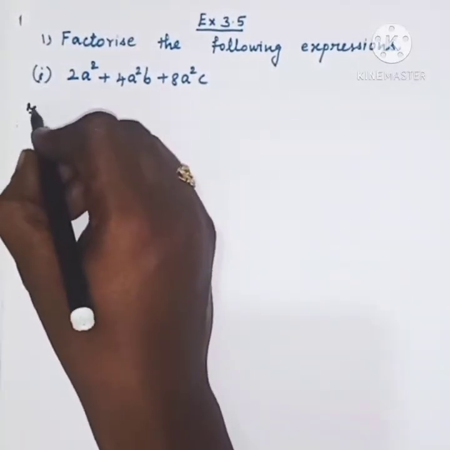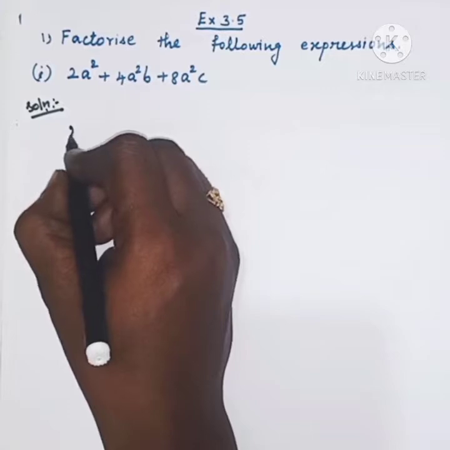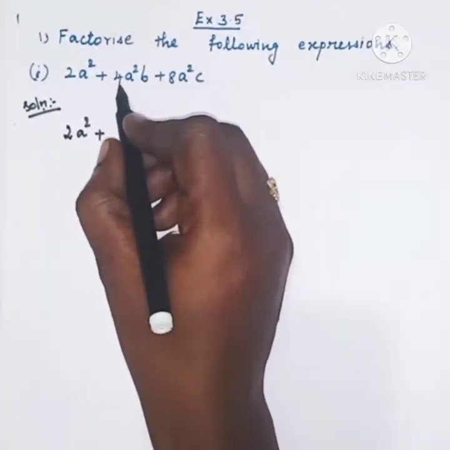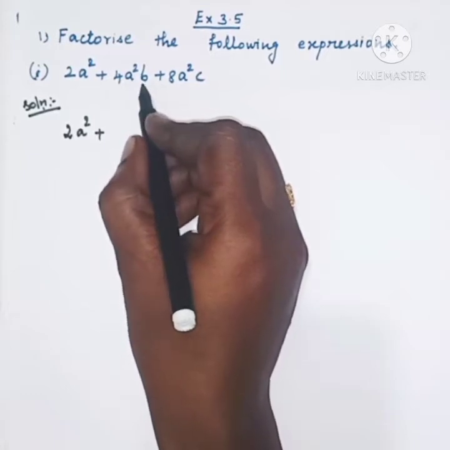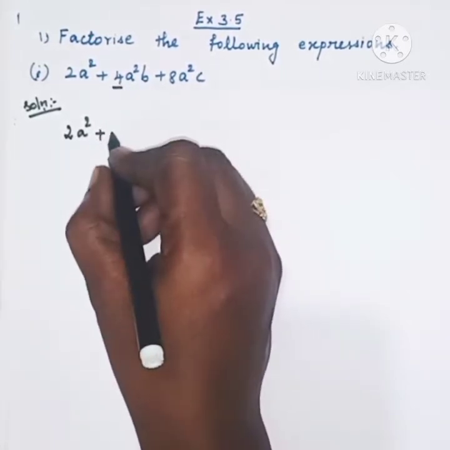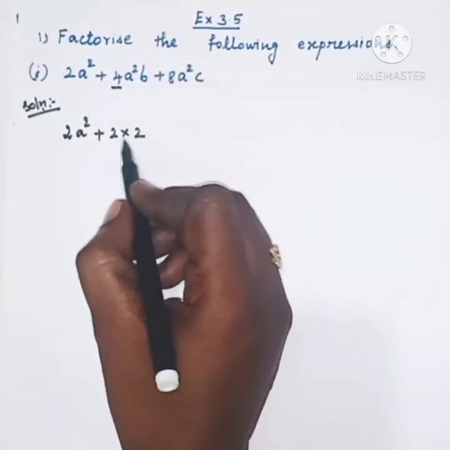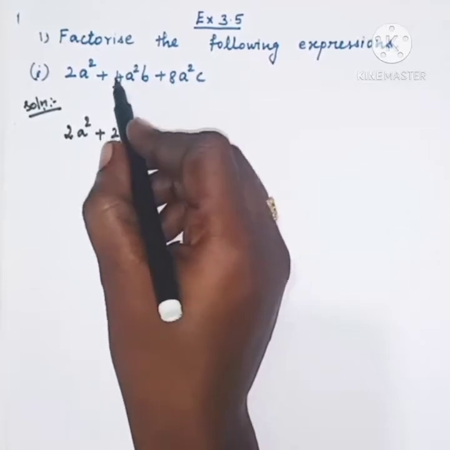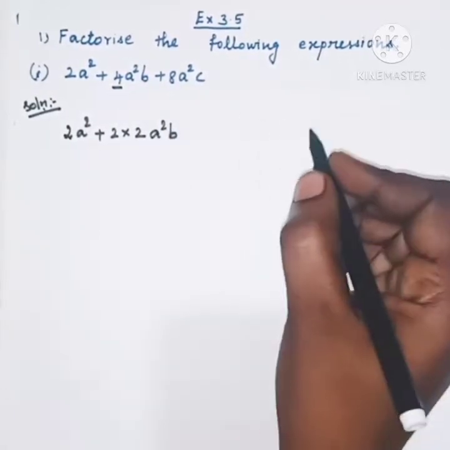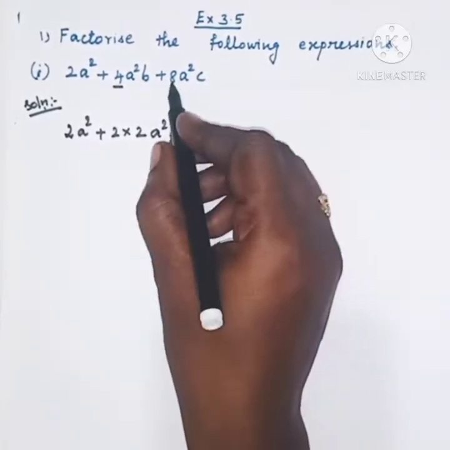Okay. Now the solution is, the first term is 2a square, plus here we have 4a square b. Now this 4 can be written as 2 into 2, because 2 2s are 4. And then we have plus 8.